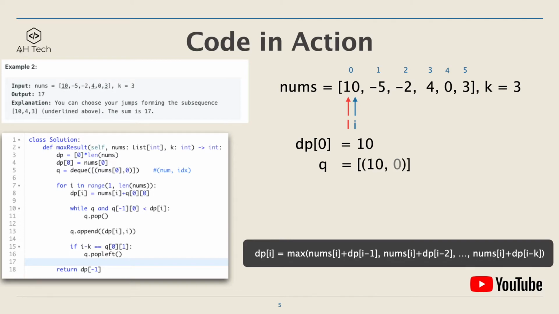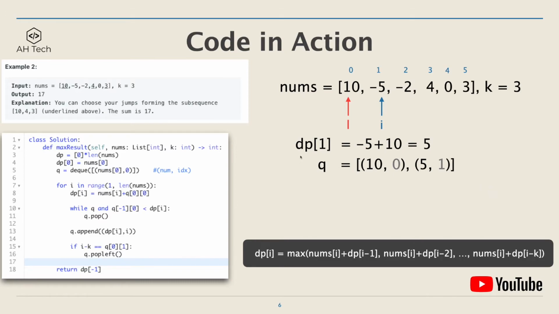Here we will be looking at example 2. In this example, k, which is the width of the sliding window, is 3. And the output will be 17. So initially, dp0 will be 10, which is the first element in the nums array, and we will push the first element and its index 0 into Q. And at index 1, dp1 is -5 plus the first element in Q, which is 10, so it will be 5.